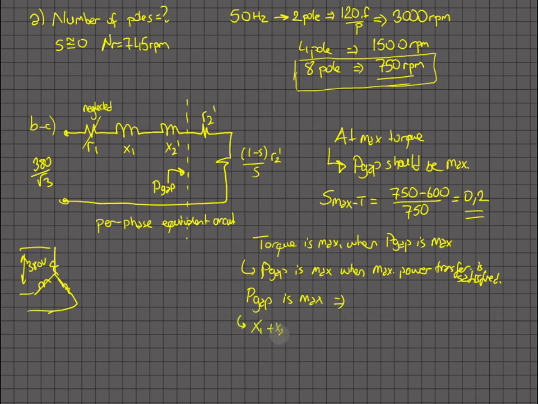X1 plus X2 prime, okay, that should be equal to R2 prime plus (1 minus S over S) R2 prime.